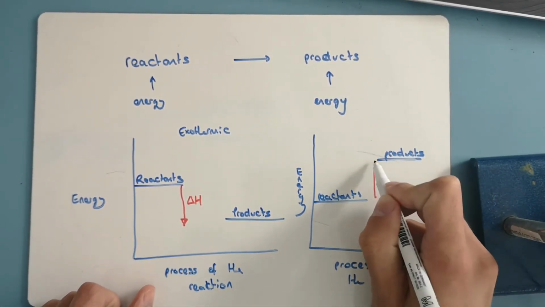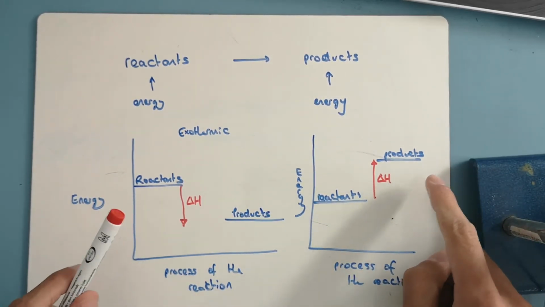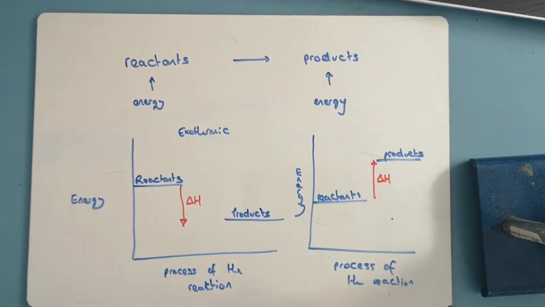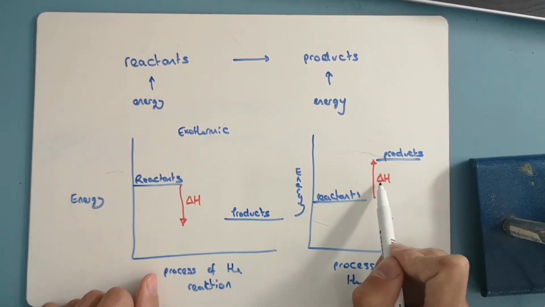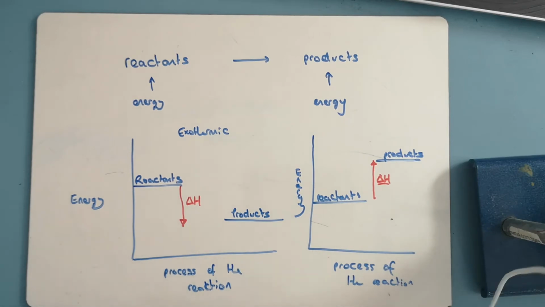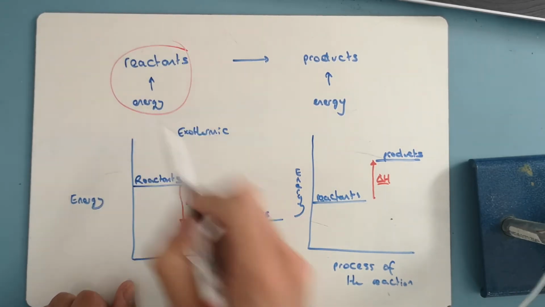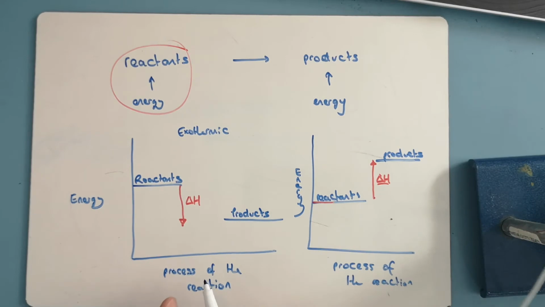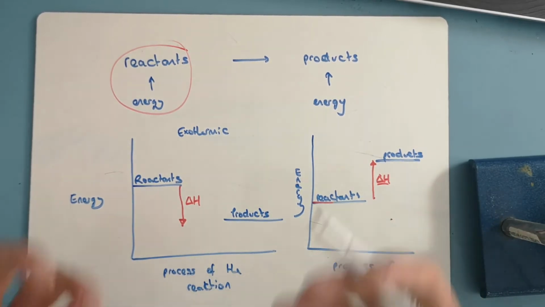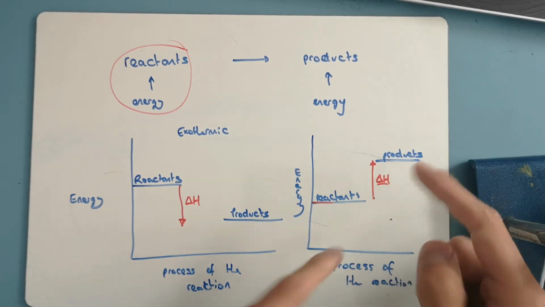This time, the delta H, our products has got more energy, so energy's gone in, and that is signified by the delta H here, the amount of energy that's been taken from the surrounding environment and put into the reaction. And that is because these reactants here have lower energy. The products here have more energy. So energy must have come from somewhere to get this imbalance.